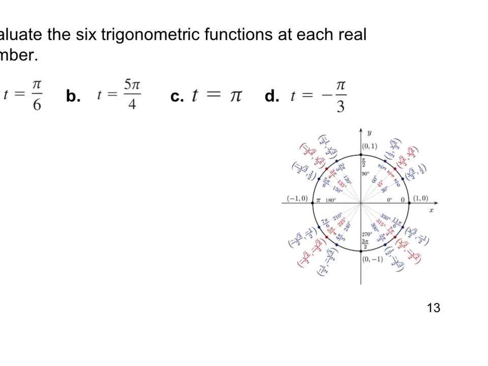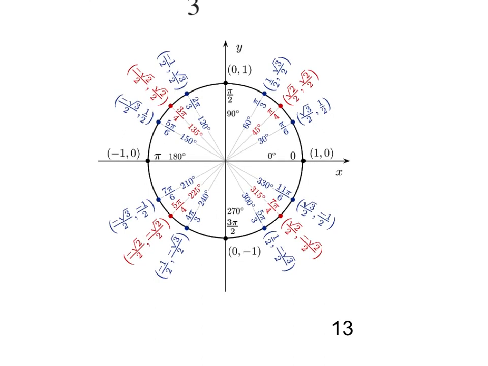Typically in the past, this would be something that you would have to memorize, but you're going to have it in front of you for your test and your quiz. So super helpful that you guys have this here. This is our unit circle. You need it to evaluate all of these. So first thing we need to do is find pi over 6 on our unit circle, and we find the x and y point that coordinates with that. So we have the square root 3 over 2 and 1/2.